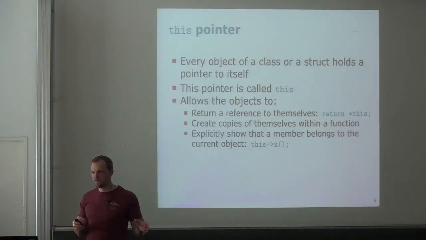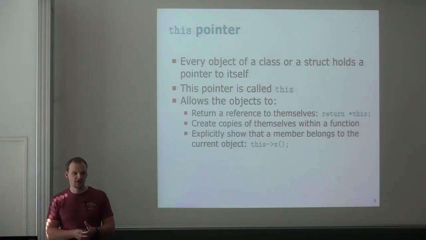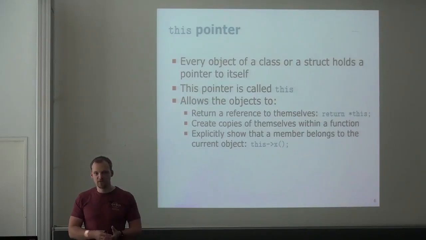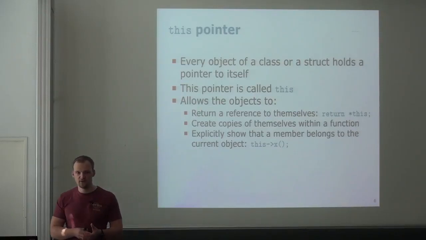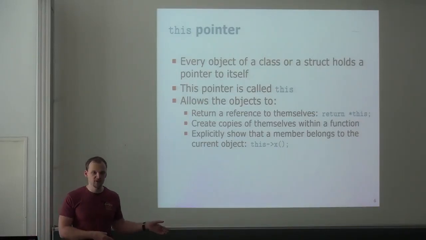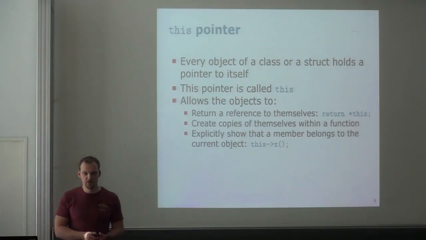It is relevant if you're doing some really hardcore template programming in C++, which we didn't talk about yet, and it's not relevant for the course, so we will not dive into that a lot. So it's just for your information that there exists such a pointer, but most of the times you can omit it, apart from when you need to return a reference to your own class.